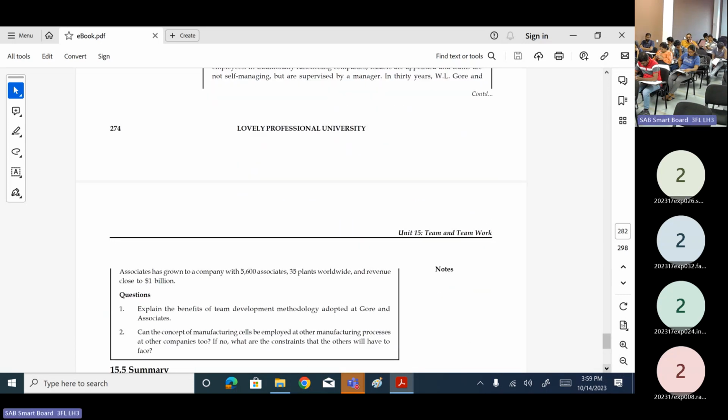In 30 years, actually, these team concepts started from the 1990s. Now it took about 3 decades, not 30 years. In this time, W. L. Gore and Associates has grown to a company with a very big associate workforce, 35 plants worldwide, and revenue close to $1 billion per annum.